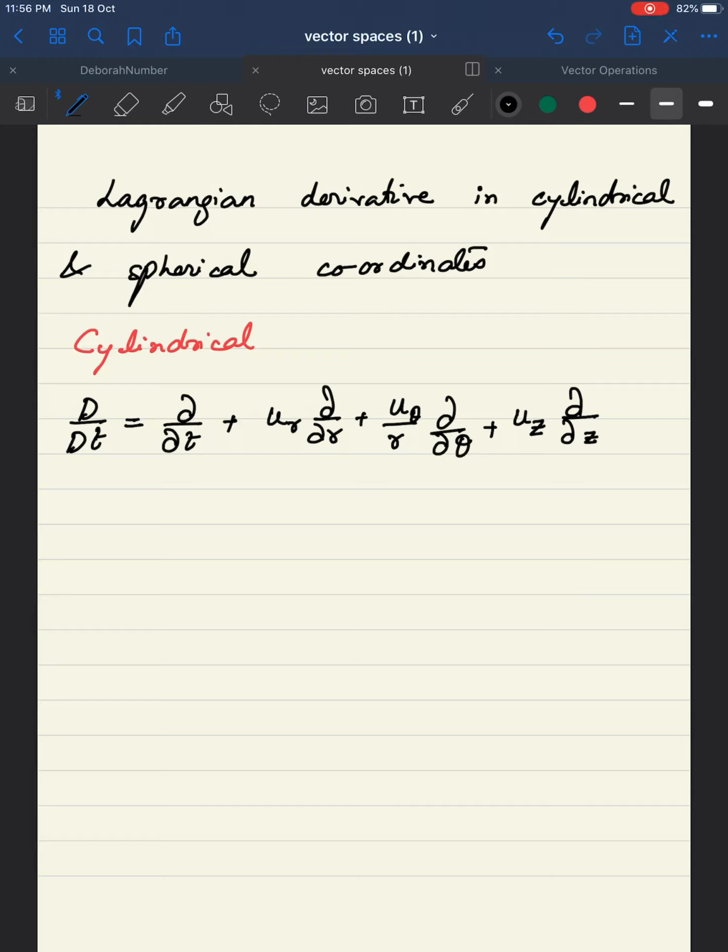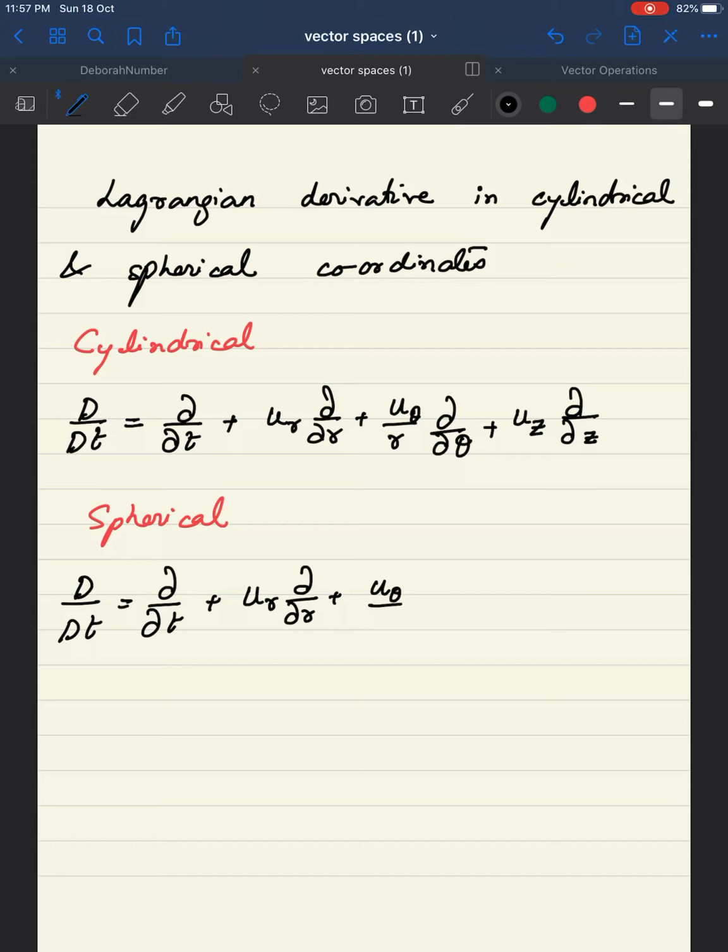Okay, what about the spherical coordinate system? The spherical coordinates is going to be again something very similar. So you will have D/Dt of whatever quantity you are taking. The first one is the partial derivative, obviously. The second term is also again very similar.